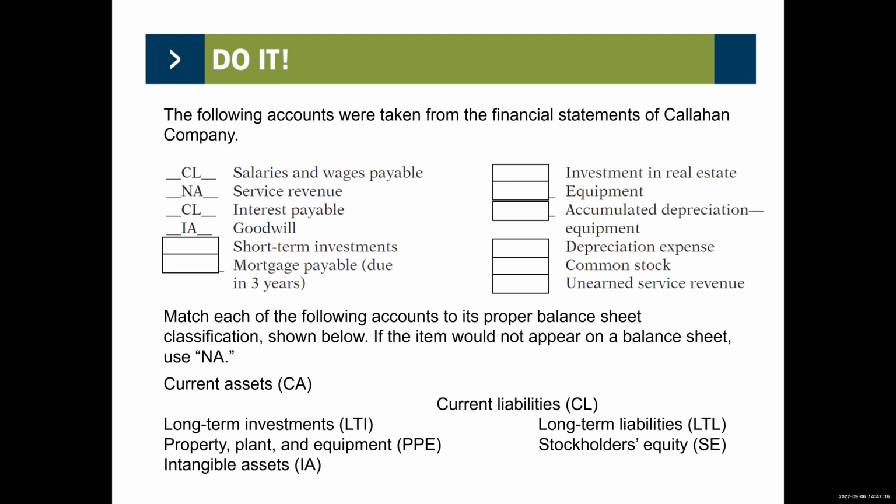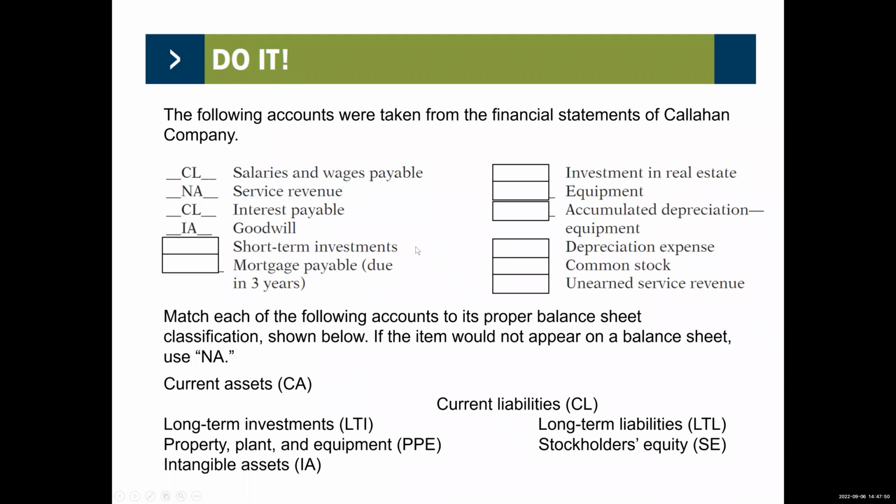Well, if the assets are only worth $1 million and you're willing to pay $1.5 million, why? Because of goodwill. It could be a good reputation, a good customer base, great employees, those type of things. And so anything over the fair market value of the assets, it's intangible. We call it goodwill. So goodwill is an intangible asset.